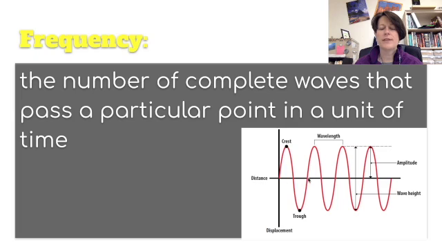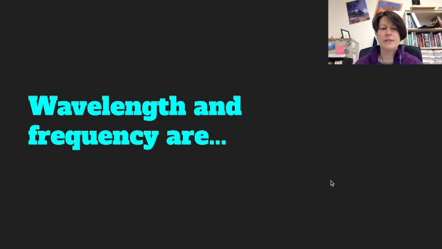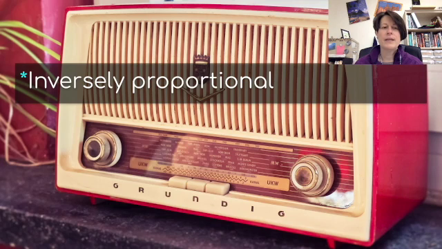So one wavelength in 1 second, it has a frequency of 1, okay? If it traveled this far in 1 second, it would have a frequency of 2 because 2 wavelengths have passed that point, okay? So wavelength and frequency are inversely proportional again.